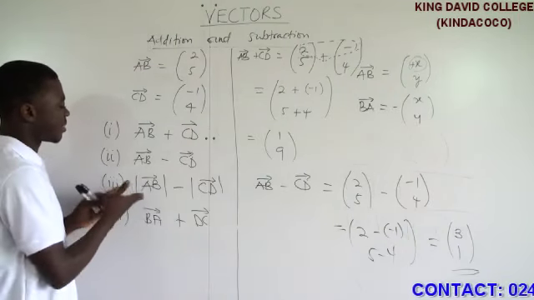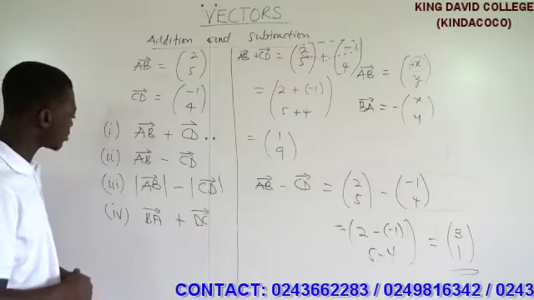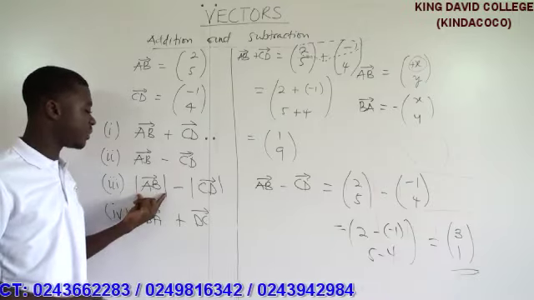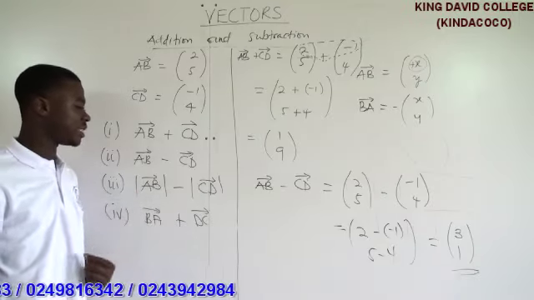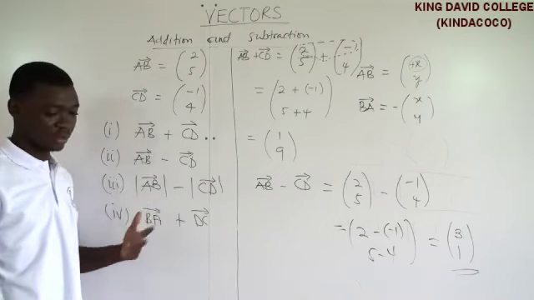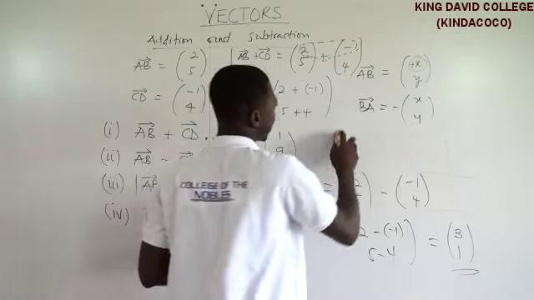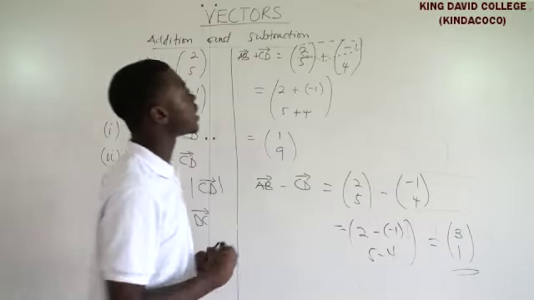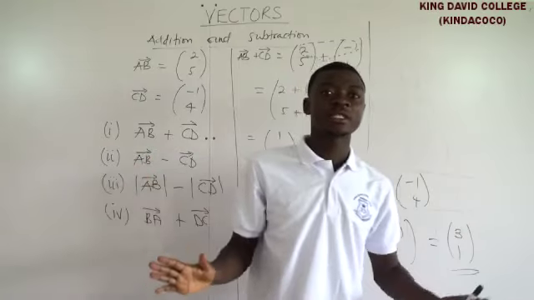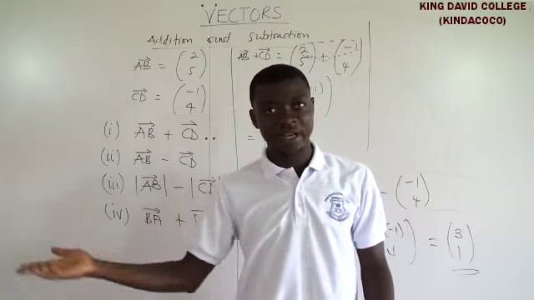Now let's look at part I, and then part II. With part I, we are asked to find the magnitude of AB and the magnitude of CD, and then we subtract the two. Okay, good. I hope you've copied this. The magnitude, as we said earlier, is the root of the x component squared plus the y component squared.